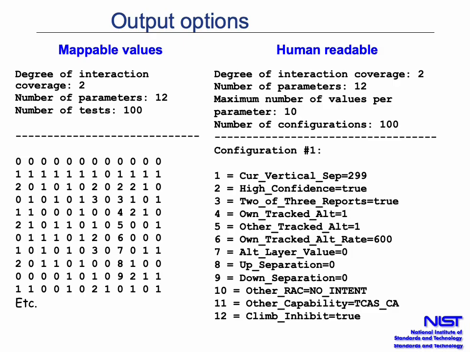Output can be in a number of different formats. We could have comma-separated values to make it easy to process through other tools. Also, there might be a need for human-readable output. For example, if we had configurations where we wanted to set up a system for testing, we might want human-readable output that could be used as well.